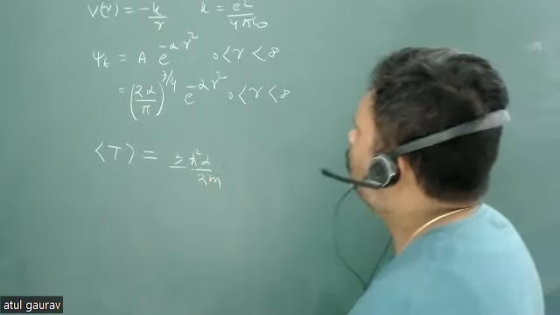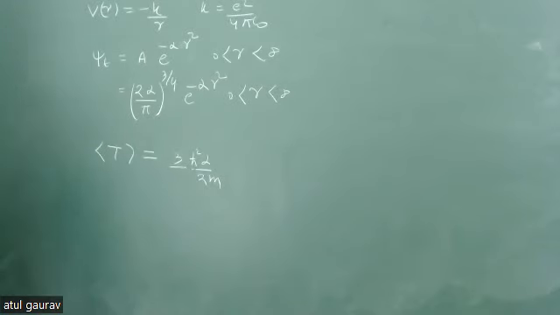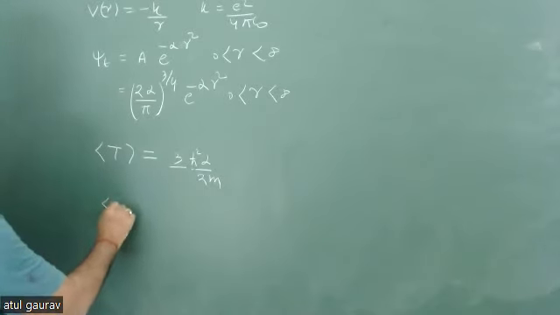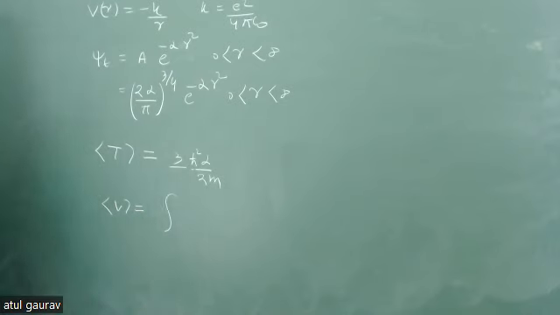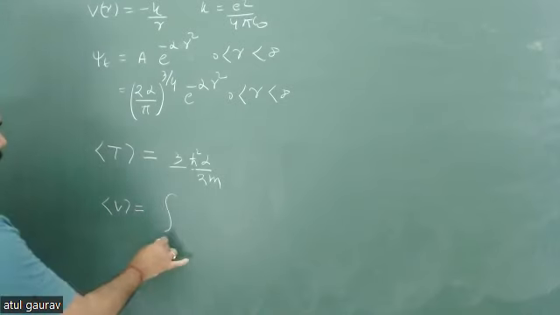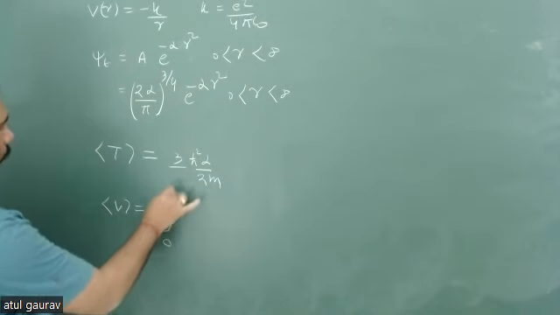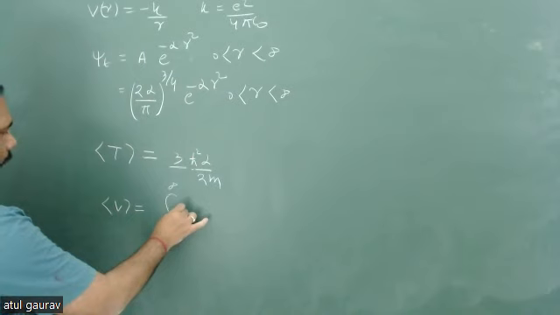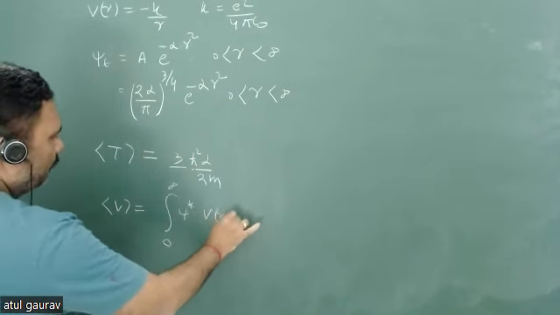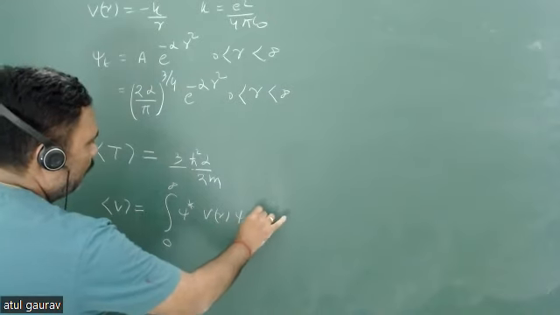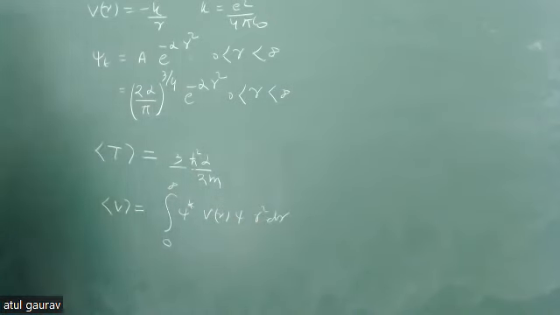Now we have to go for finding the potential energy. So when we are going for finding the potential energy, what should be my integration? Obviously you will go from 0 to infinity psi star V r psi r square dr, and what will you multiply with?